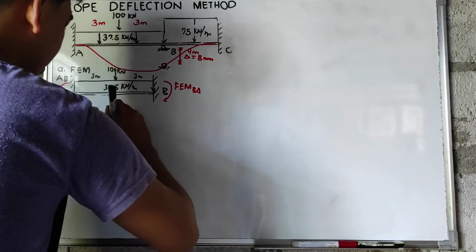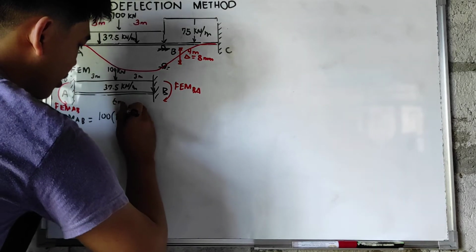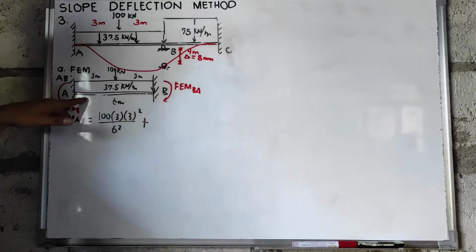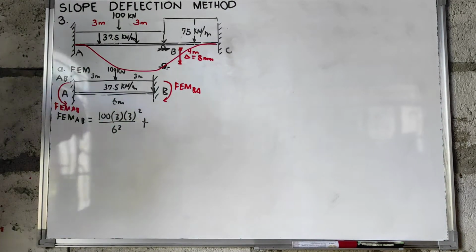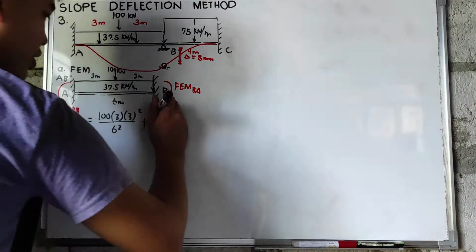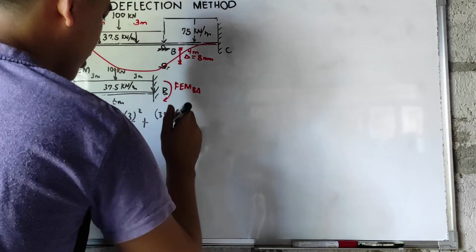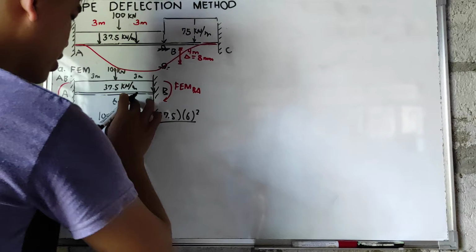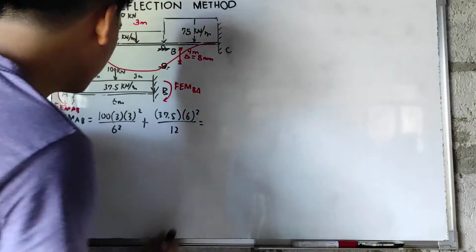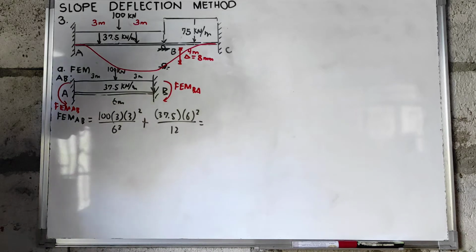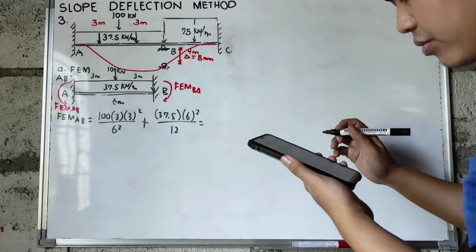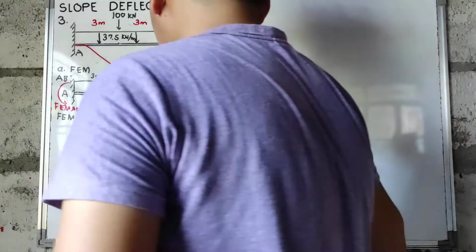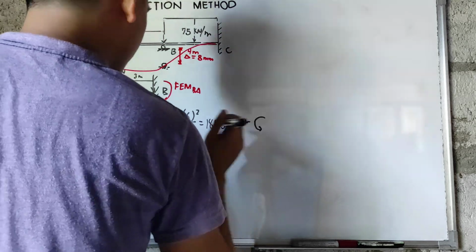So we have 100 multiplied by 3 squared all over 6 squared plus yung formula natin for this one na wL squared over 12. Yung w is 37.5, and the value of your L is 6, so 37.5 times 6 squared all over 12. The value of your FEM-AB is now equal to 187.5 kilonewton meter. And yung rotation niya is counterclockwise.